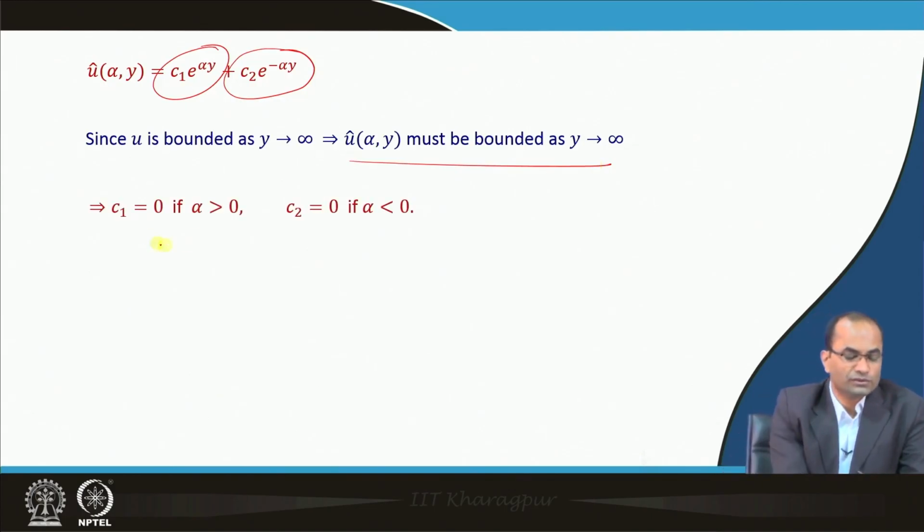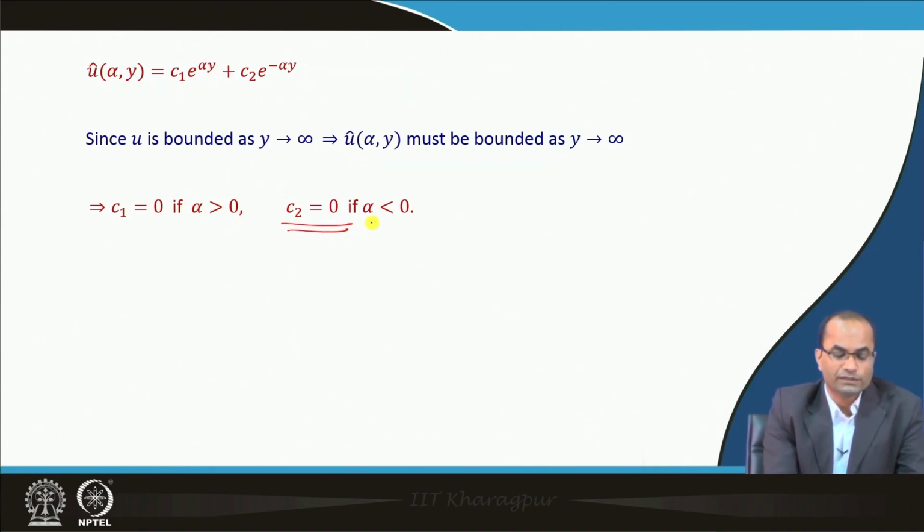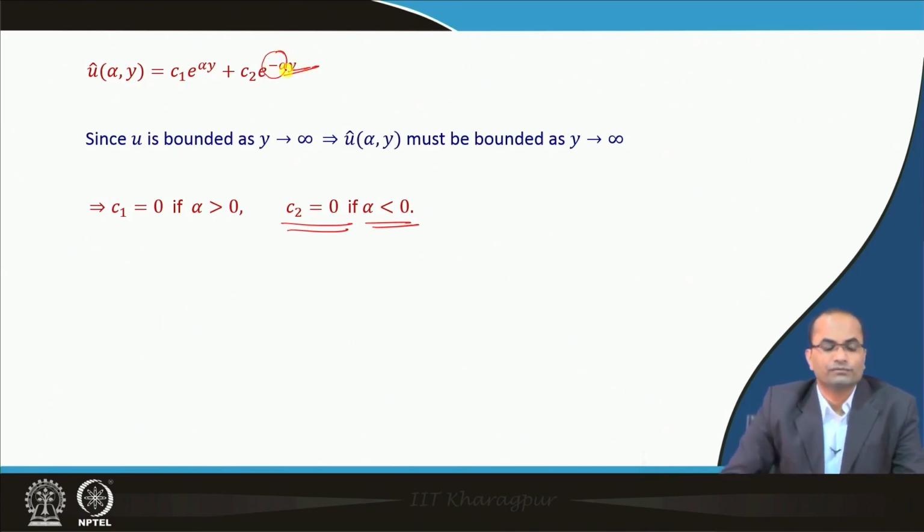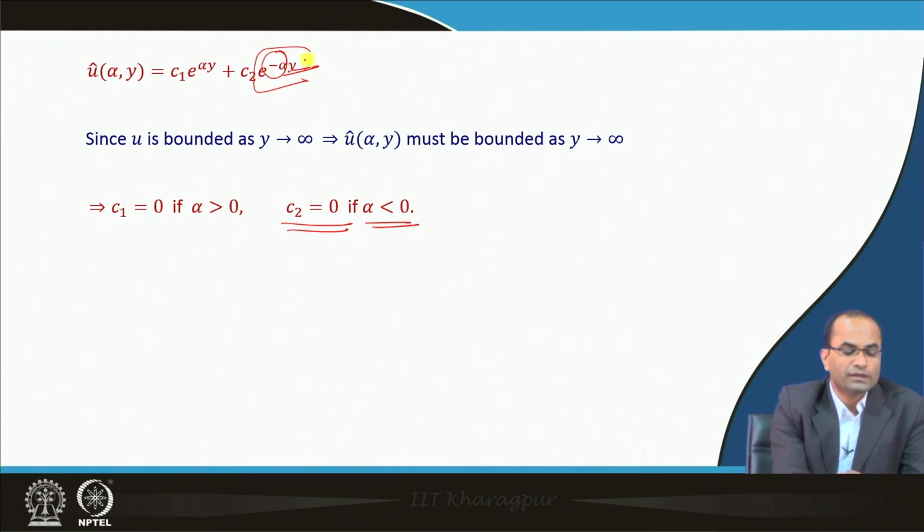If alpha is negative, this term will be unbounded when y goes to infinity, so to have this condition, c2 has to be 0.